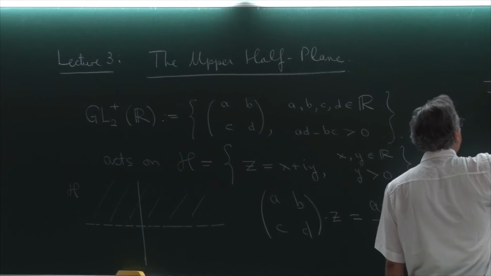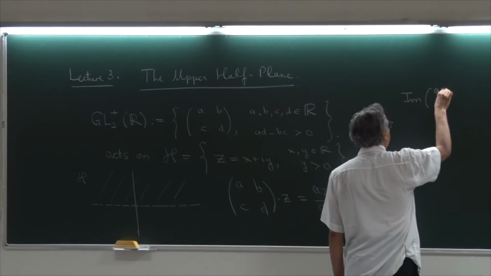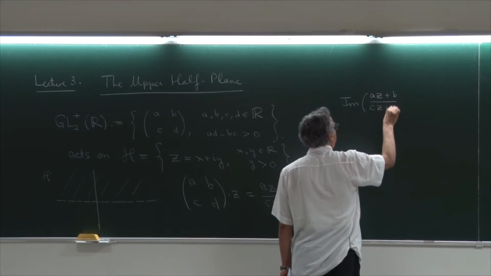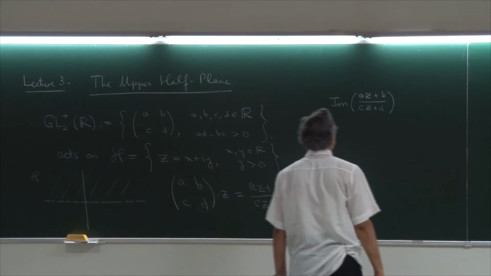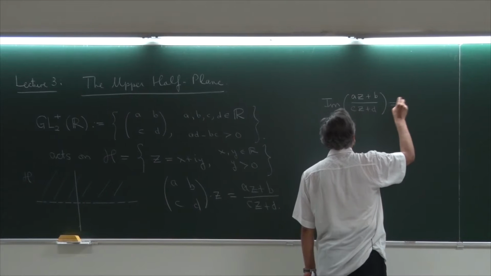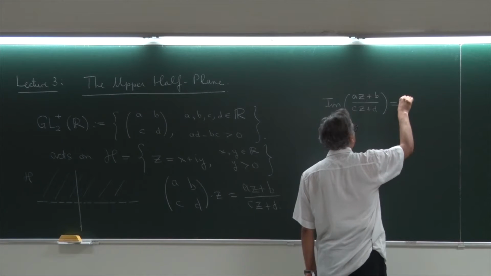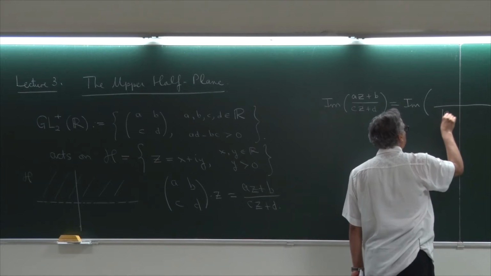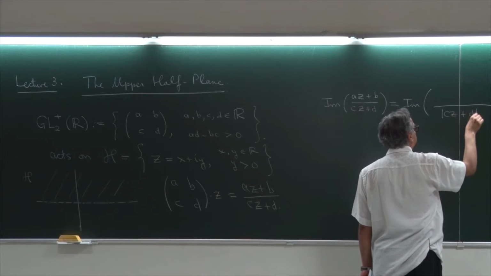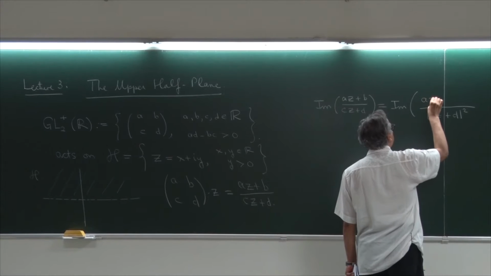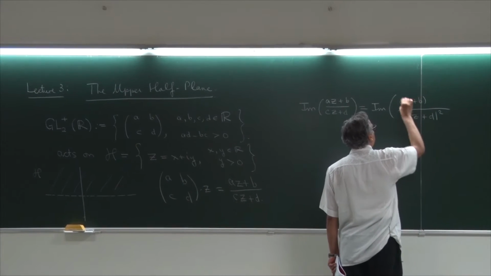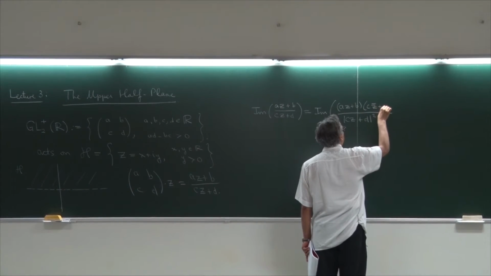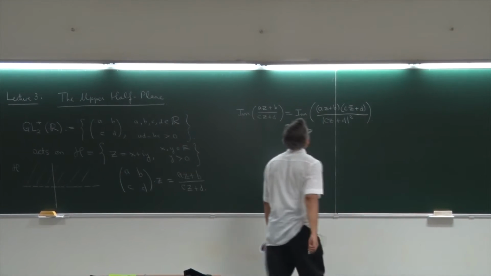So you have to check the imaginary part of (AZ plus B) over (CZ plus D). What is that? Well, if I multiply top and bottom by the complex conjugate of the denominator, I get |CZ plus D| squared in the denominator. And I have (AZ plus B) times (C Z bar plus D) in the numerator.